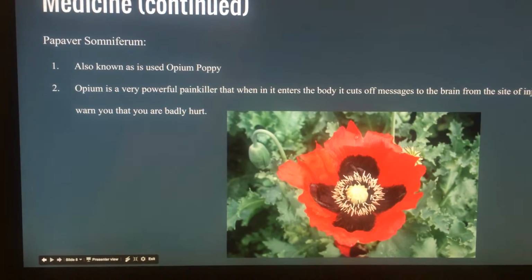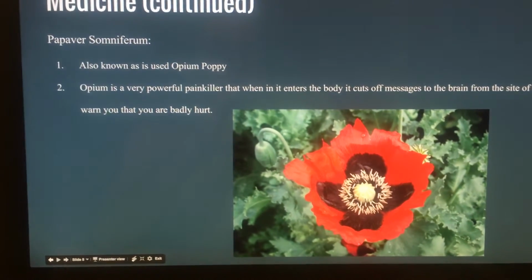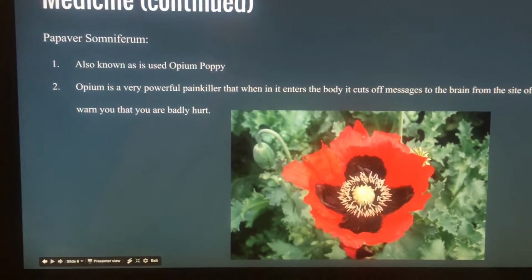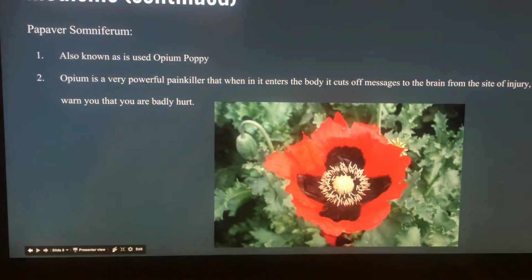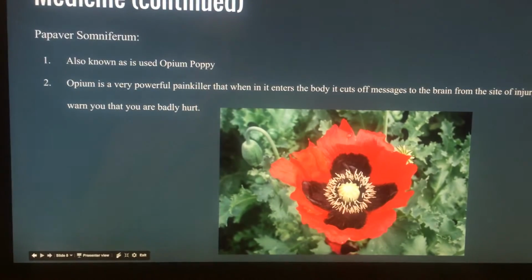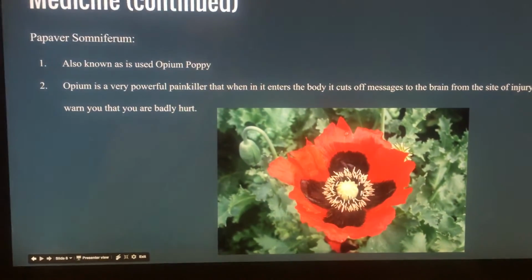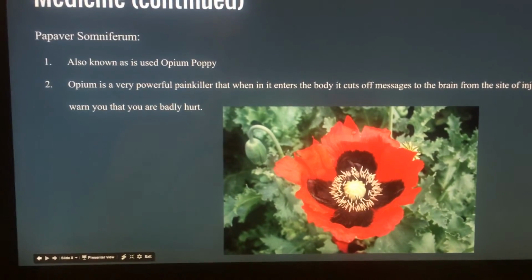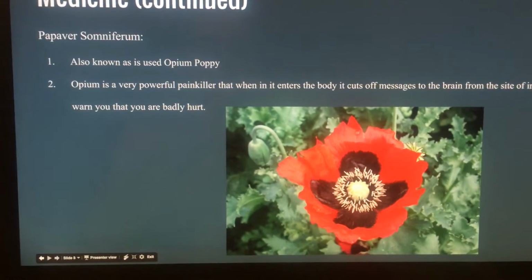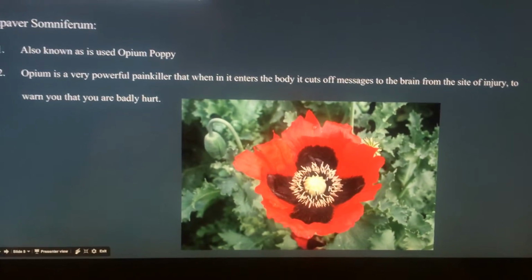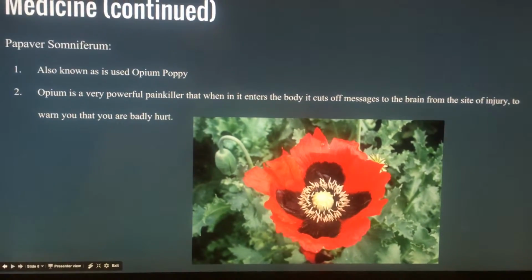And when you inject opium into a site of injury, such as a gunshot wound or anything, it actually cuts off messages to the brain from that site of injury, so that you don't know that you are hurt as badly as you think, and you don't feel the pain that you would usually feel without opium.